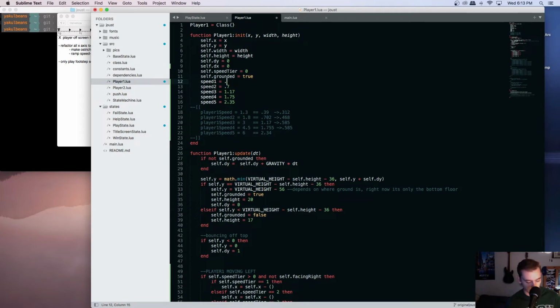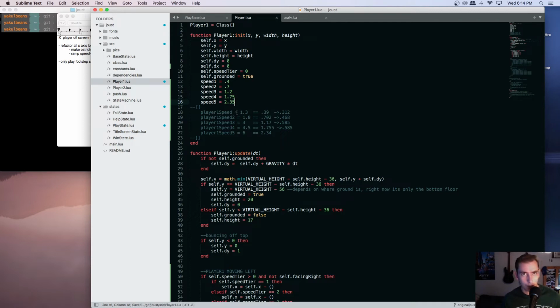And this is 0.4. And this is 1.2. That doesn't really matter. It'll change the speed, but we'll see if that's close.